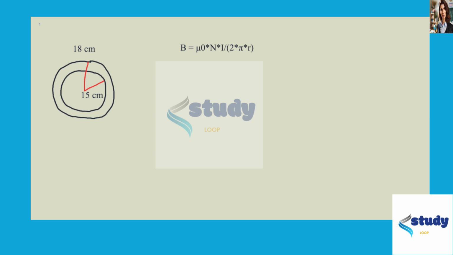So the first part, A, asks us about a radius of 12, or a distance of 12 centimeters from the center of the solenoid. So notice that 12 centimeters is going to fall within this circular region here because the smaller inner radius is 15 centimeters.